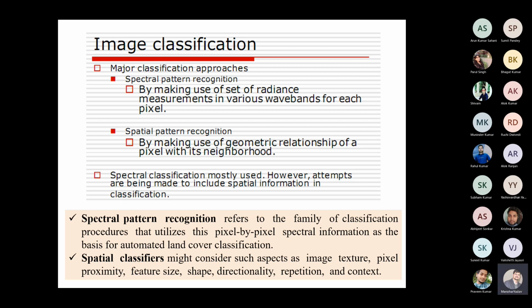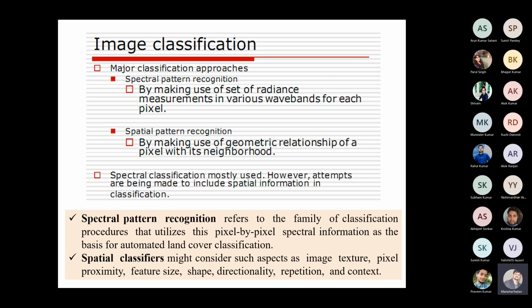In the case of a spectral classifier, we use a set of radiance measurements in various wavebands for each pixel. For example, when we select vegetation, we analyze the radiance from vegetation. Let's say we have three bands. What is the radiance from vegetation in red?